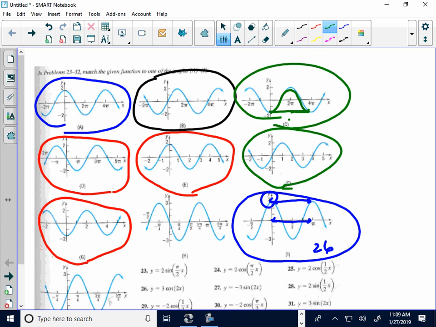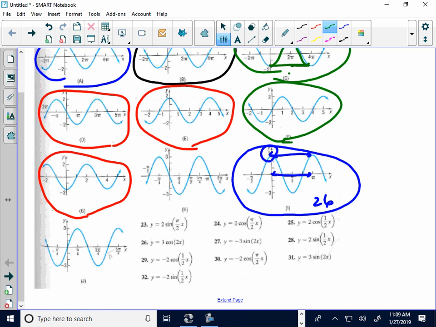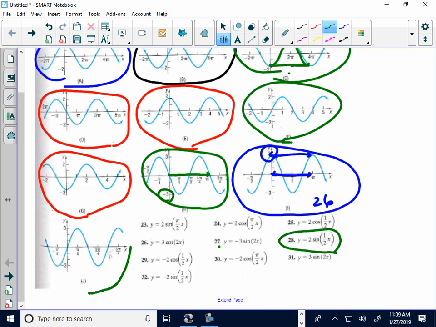Upside down sine wave. Period pi. From here to here is pi, right? And the amplitude is 3. So we see that. That would be this one here, what, 27, right? So this is 27, we got that. And then the last one, which was 28, has by default going to be this J problem here, but let's just confirm.